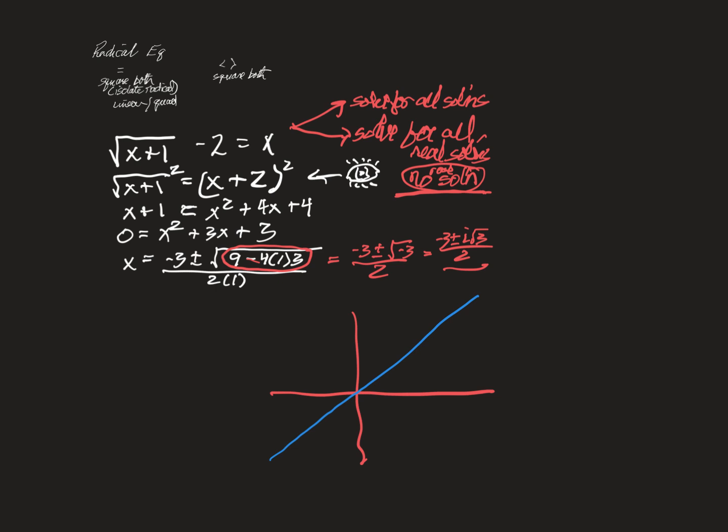The left side is the square root of x plus 1 minus 2. So if you remember, that means we move a square root graph, which looks like this, to the left 1, because it's x plus 1, and then we drop it down 2.